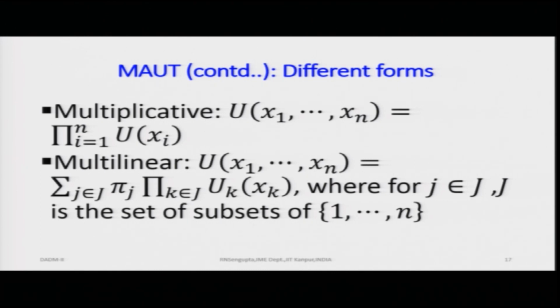In the multilinear case, you will basically have a combination of some of the UKs where you multiply, and then multiply those factors by a lambda j corresponding to the fact that you have been able to differentiate the whole utility function into, say for example, 3 components. N has been divided into 3 components, which are N1, N2, N3, such that the union of N1, N2, N3 is the universal set N, and the intersections N1 intersection N2, N2 intersection N3, or N1 intersection N3 are null sets for the time being.